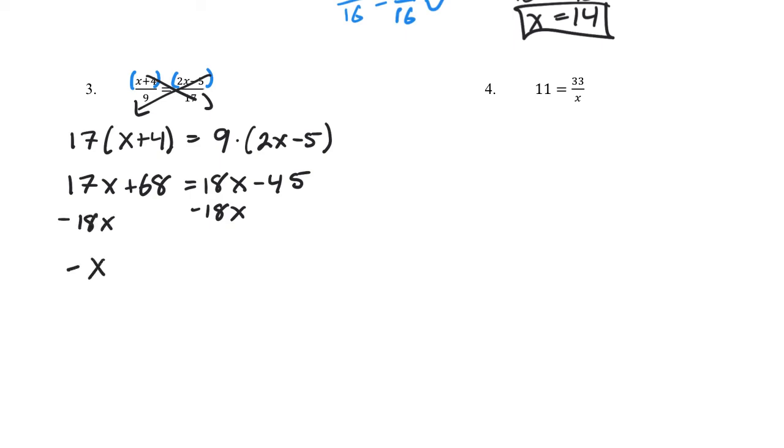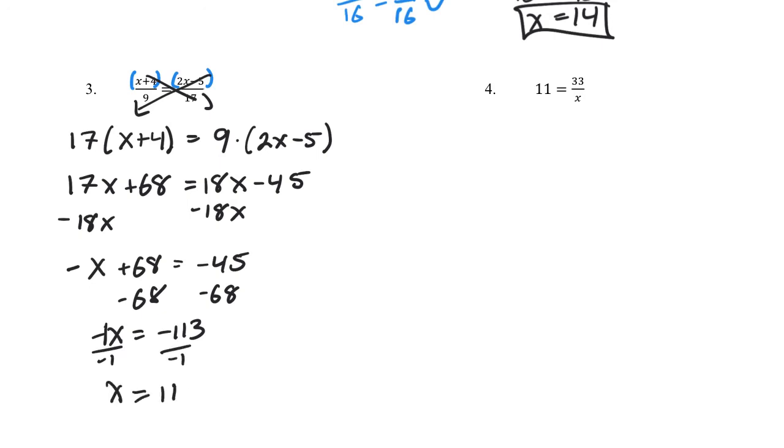We're going to get negative x, or negative 1x plus 68 equals negative 45. That's not the only way to do that. It just depends on how you like to do things. All right, continuing to solve, subtracting 68 from both sides. And then I have to get rid of that negative. So remember, that's really a negative 1. So I'm just going to divide both sides by negative 1 real quick to get that x equals 113.